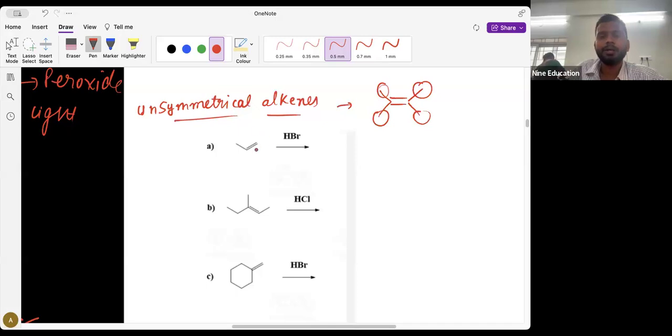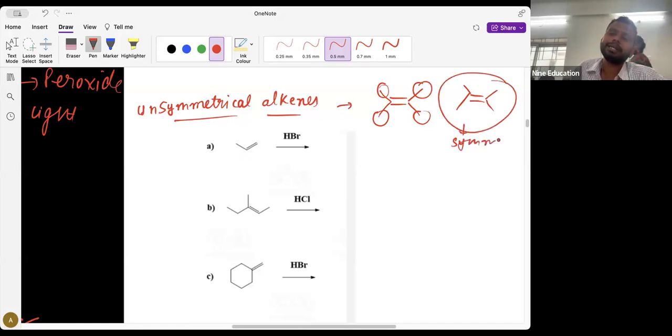See here, there are two hydrogen, there is one CH3 and one hydrogen. So this is what? Unsymmetrical alkene. अगर यहाँ पर पूरा full symmetry is made, this is known as symmetrical alkene.